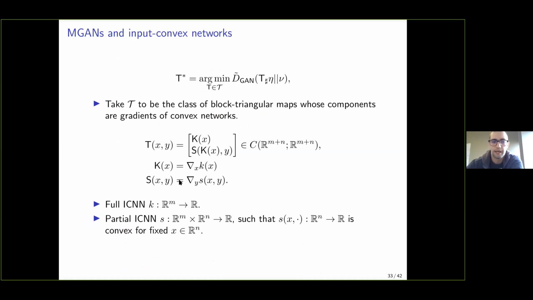Little k is fully input convex, a map going from R^n to R. Little s is partially input convex, in the sense that it's only convex in its second variable. So s(x, ·) as a function from R^n to R is a convex function. Because we know the gradient of a convex function is monotone, we get the monotonicity constraint exactly if we use this parameterization.